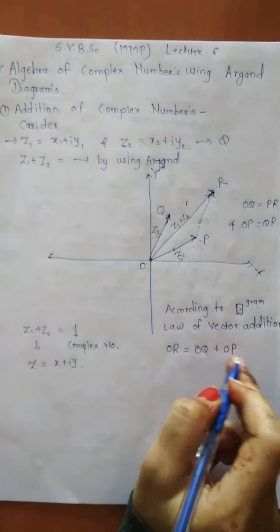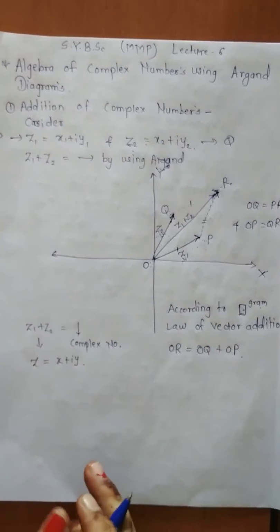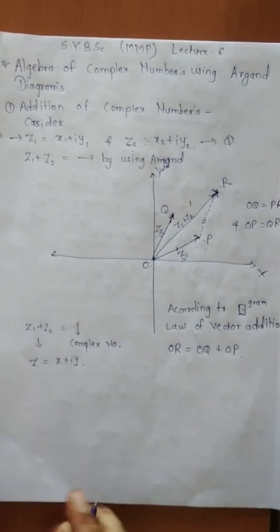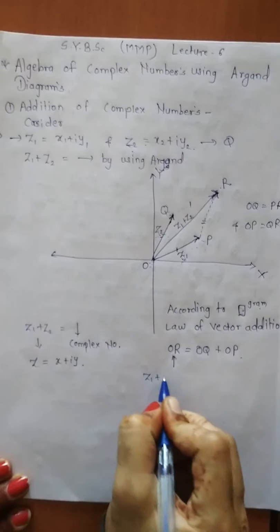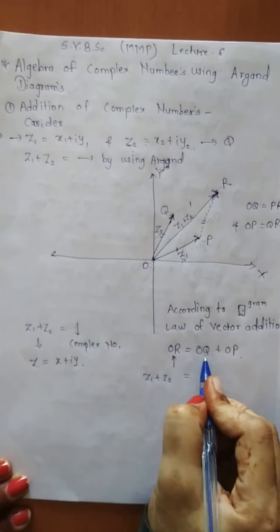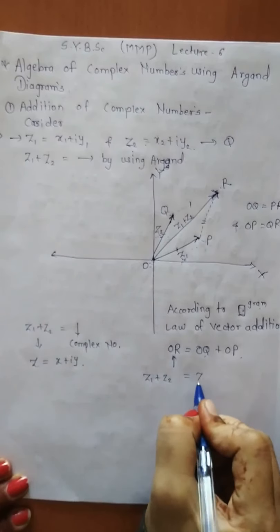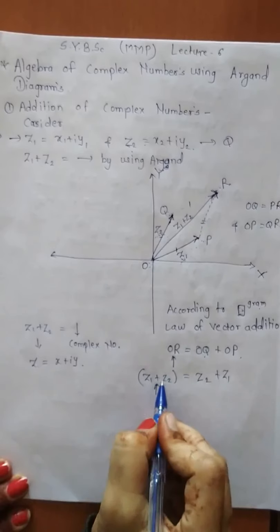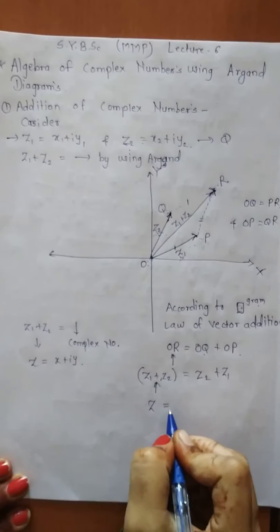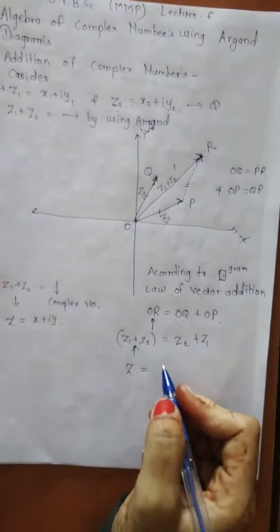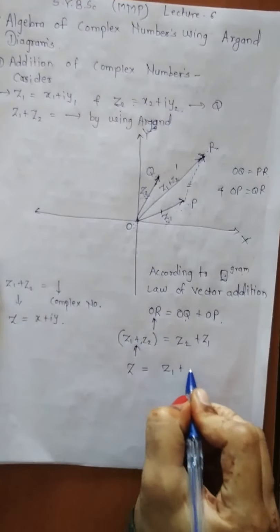Now this is nothing but the addition of two complex numbers. Now this OR is what? Z1 plus Z2. OQ is Z2, and OP is Z1. Now Z1 plus Z2, I have called it Z. That is, Z is equal to Z1 plus Z2.